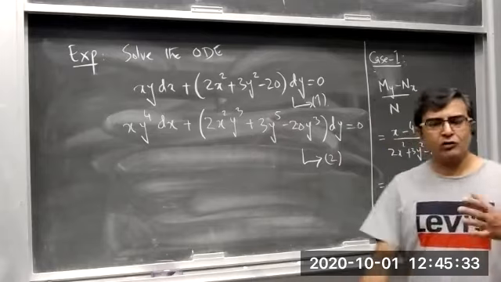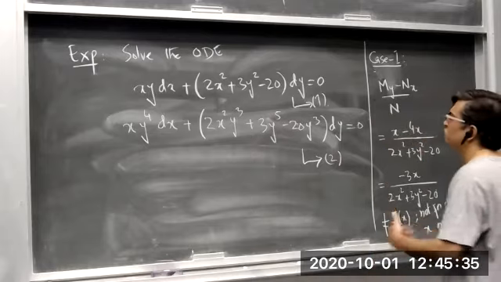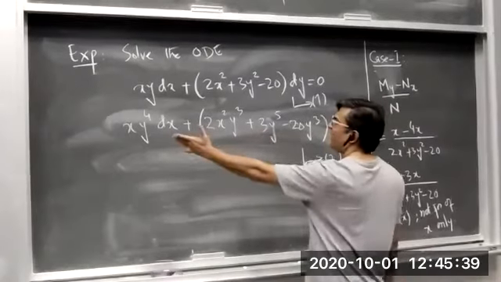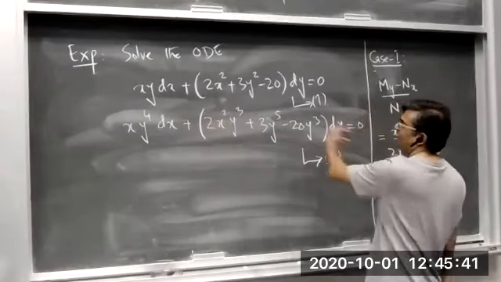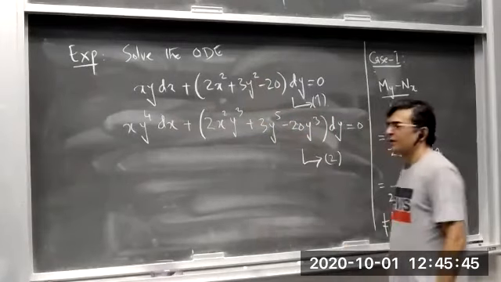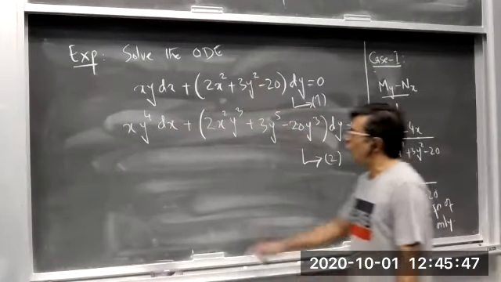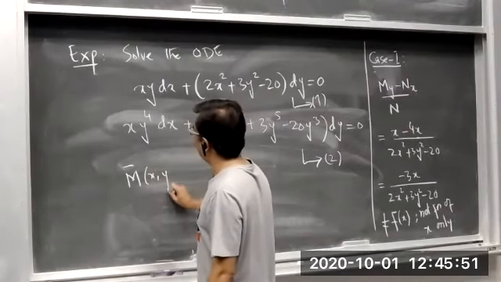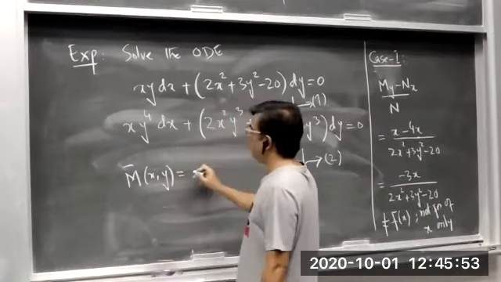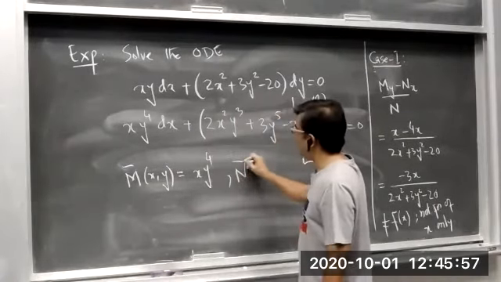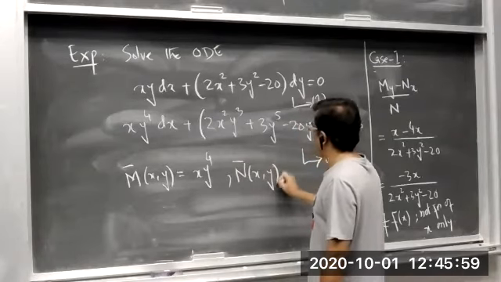ठीक है? इक्वेशन 1 और इक्वेशन 2 का सोल्यूशन क्या होगा? सेम होगा. क्यों? क्योंकि यहां से y क्यूब को कॉमन ले लें आप दूसरी साइड पे, या वो जाके 0 हो जाएगा, तो we get the same equation. Okay? Now our new M bar of xy is x y^4, and N bar of xy is what?